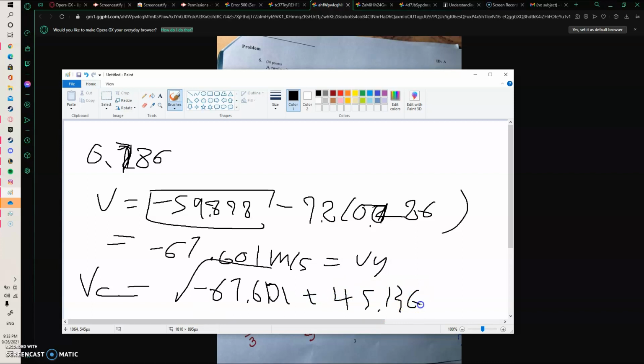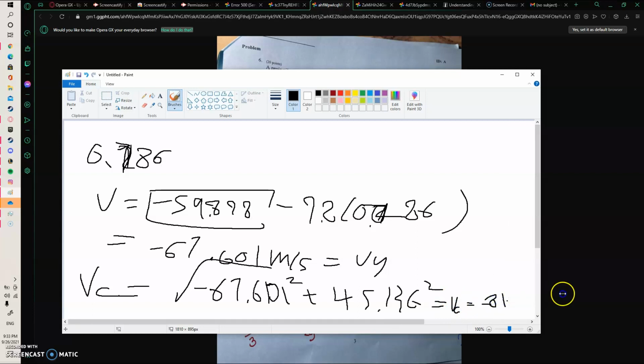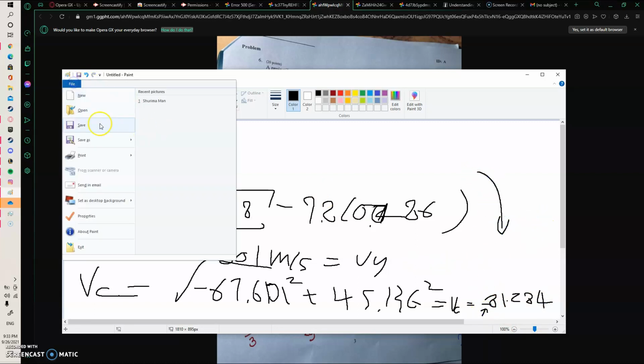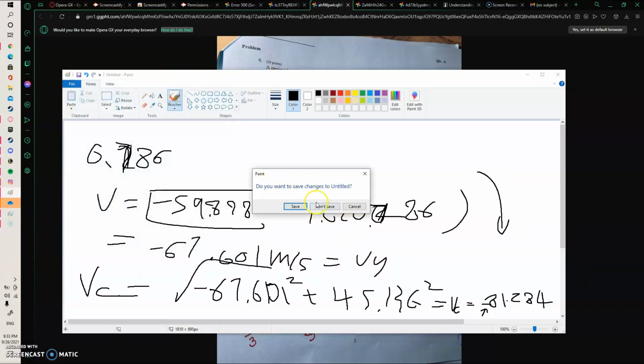We're just adding the components of the velocity together now, and we're going to get VC equals negative 81.284. This is negative because it is going downwards, and moving on, now we'll move on to the next question.